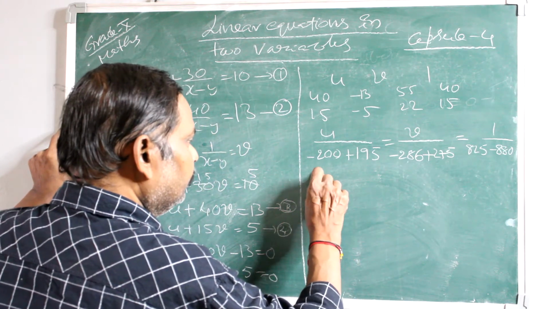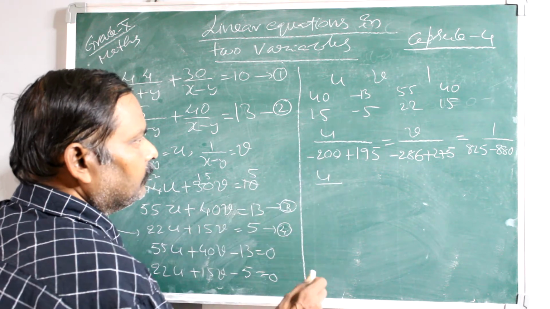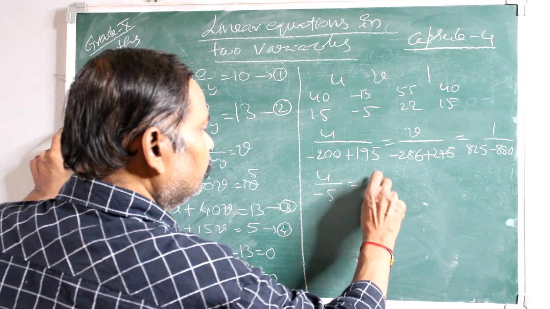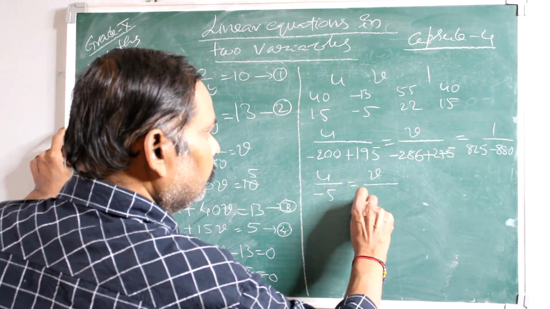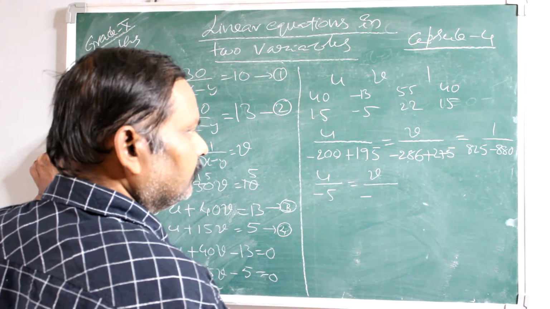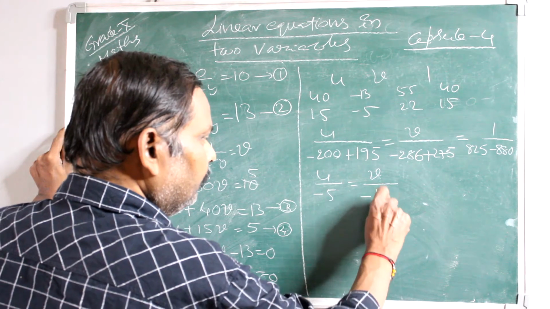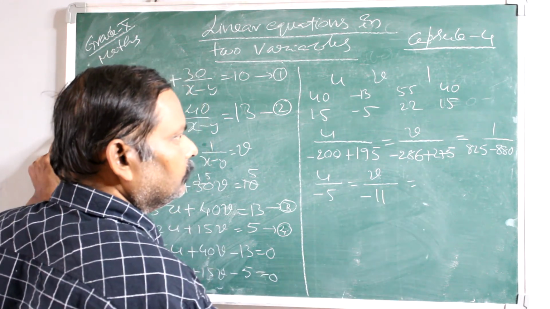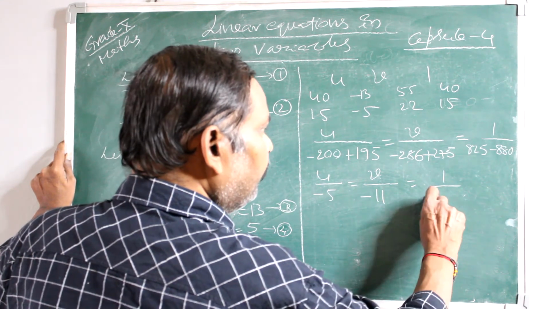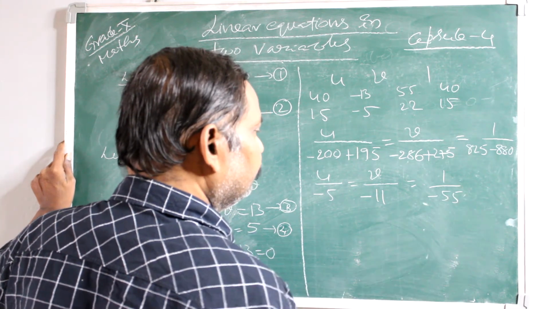Now it is u by 195 minus 200, which is minus 5, is equal to v by minus 275 minus 286, the difference is minus 11, is equal to 1 by minus 55.